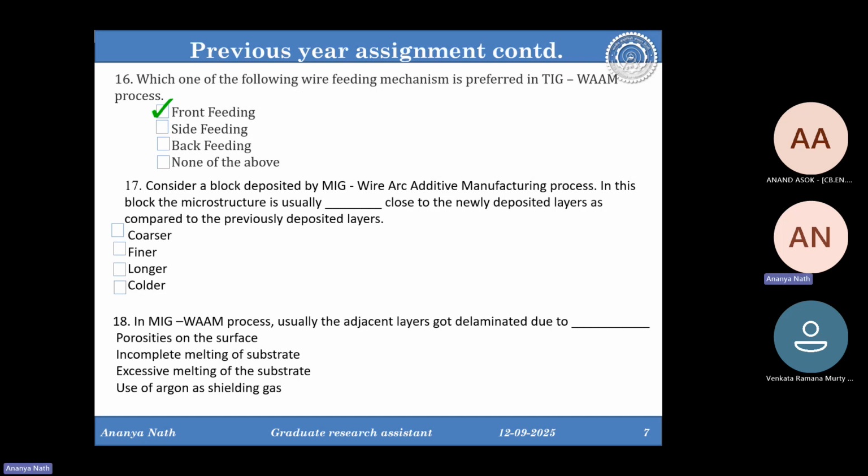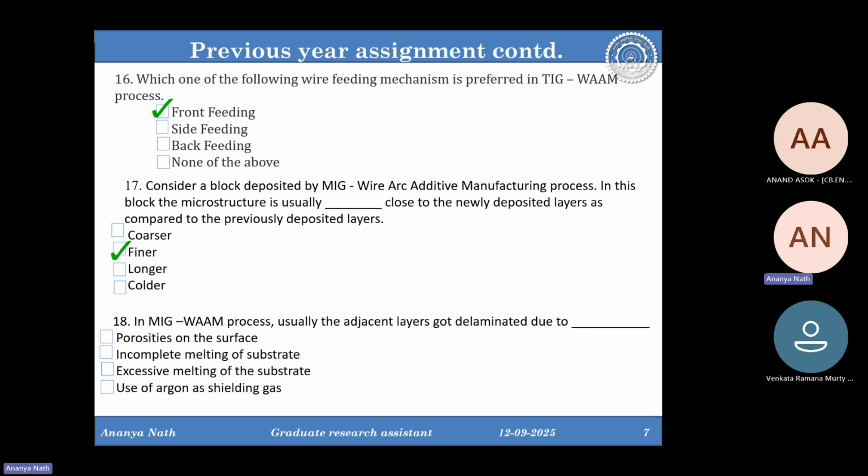Think what is happening in the first layer and the second layer. So it's finer. The microstructure of the newly deposited beads is always finer because of the high cooling rate. That's the simple thing.